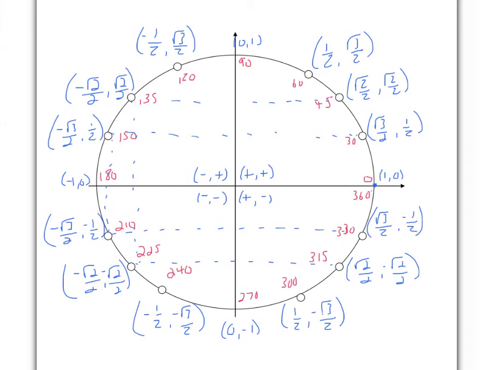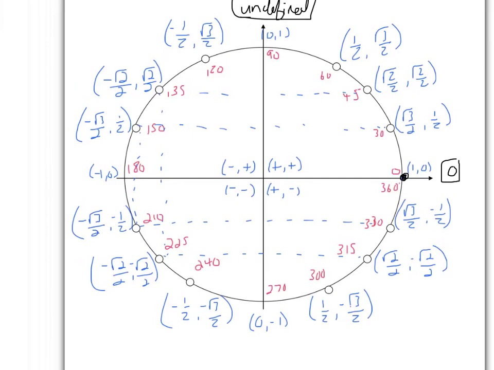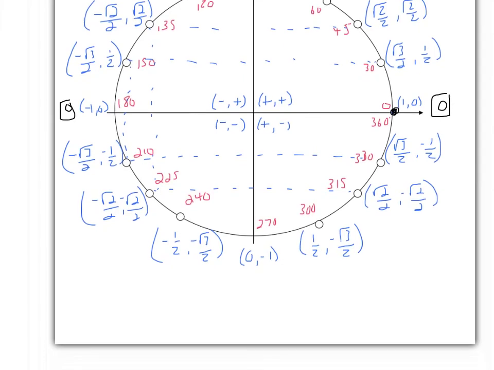Sine over cosine here would put 0 over 1, so tangent at this point right here is 0 over 1 or 0. Up here it's 1 over 0, so it's undefined. On the left side it's again 0 divided by negative 1, so 0. And then down below, undefined.